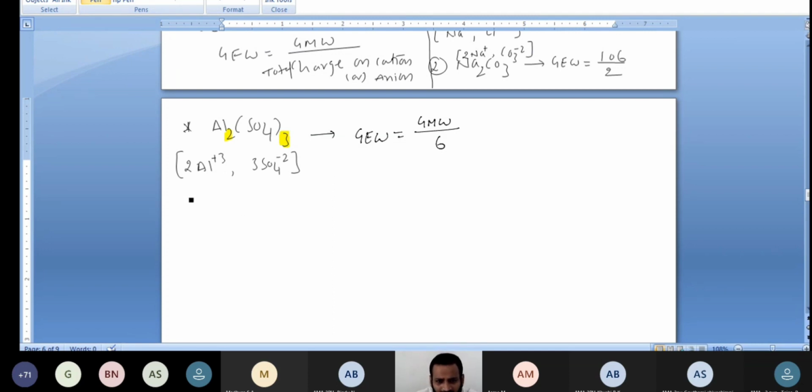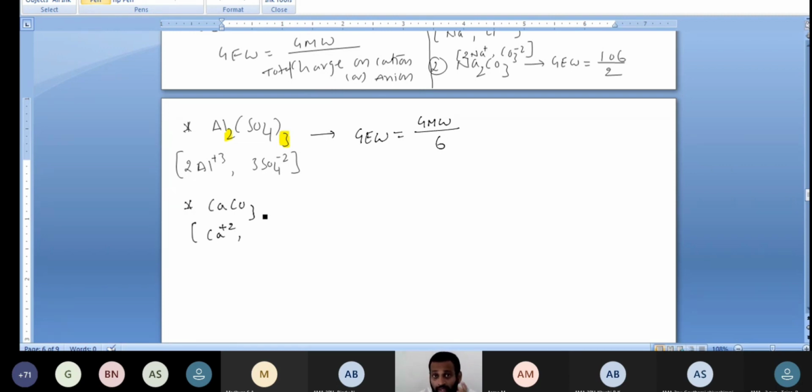Any particular one given, like calcium carbonate, Ca2+ and CO3 2-. What is the charge separation? Calcium is in group 2A, which means +2.